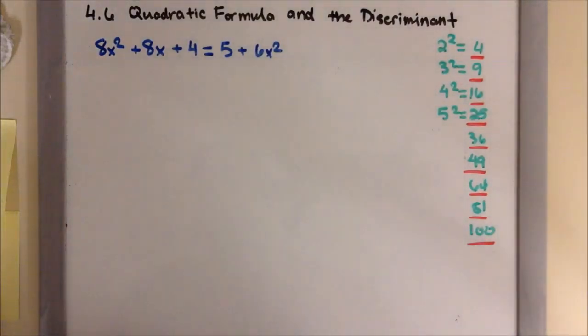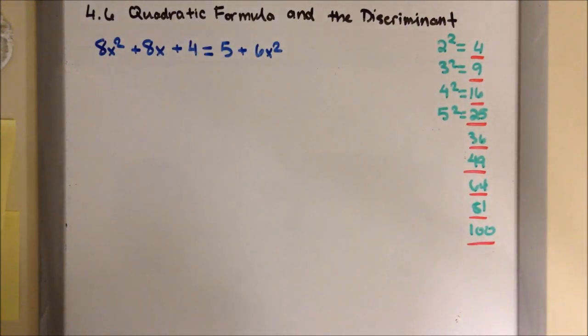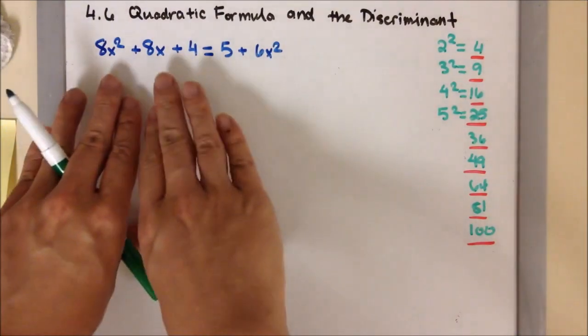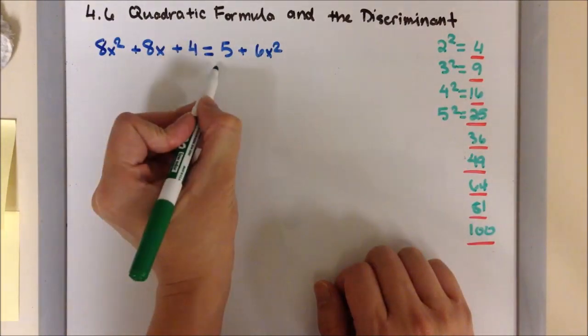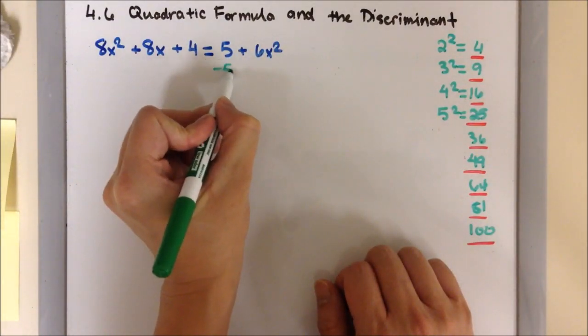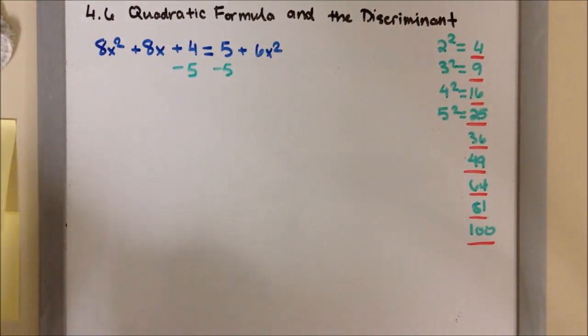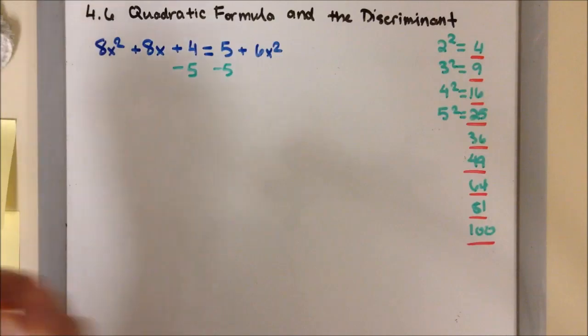In this example, we have 8x squared plus 8x plus 4 equals 5 plus 6x squared. So, I want to cancel out the 5. Since the majority of the terms are on the left side, I want to get the right side to become 0. So the opposite of 5 is minus 5, minus 5. And then I want to cancel out the plus 6x squared.